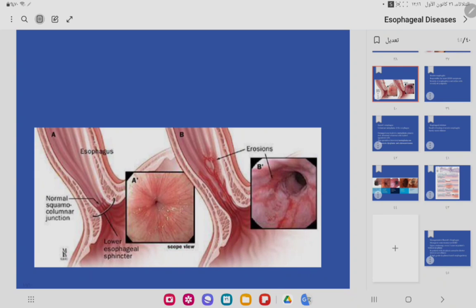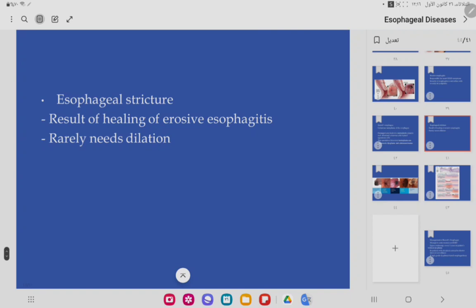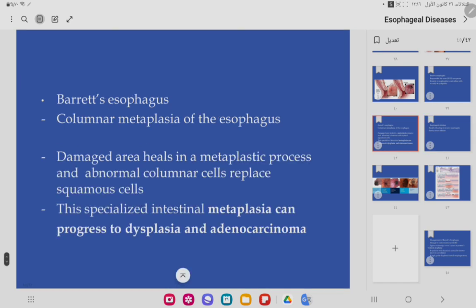Next, please. Esophageal strictures result from recurrent erosive esophagitis and healing. Not proper healing sometimes, or excessive healing, might lead to strictures, fibrosis, and narrowing. Very rarely, they might need dilatation by endoscopy, balloon. Barrett's esophagus is when there is a columnar metaplasia of the esophagus.